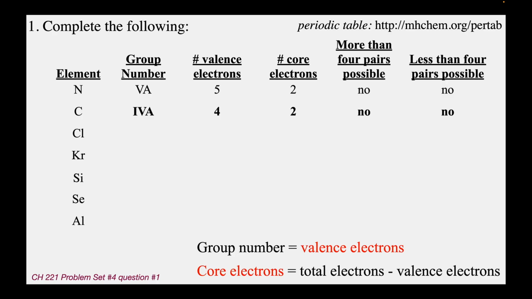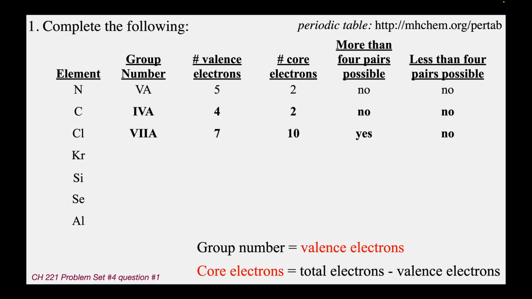Chlorine is number 17 on the periodic table, and it's in group 7A. So 7A means 7 valence electrons, and 17 total electrons minus 7 valence electrons, 10 core electrons. Now, chlorine is in the third period, and that means that chlorine can make more than 4 pairs.